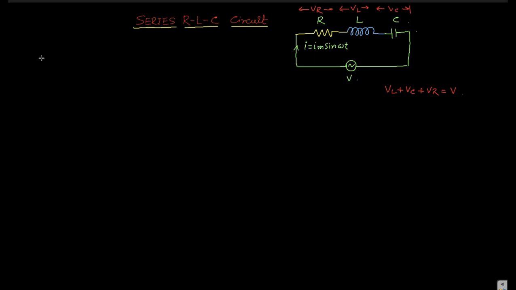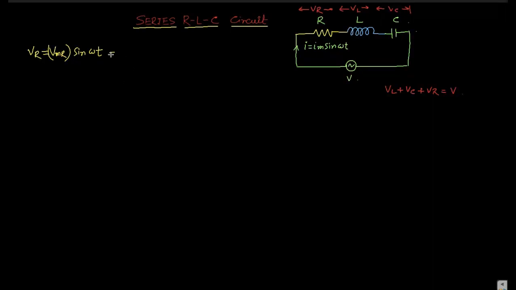What is VR? VR is nothing but Vm for R sin omega t, because at a resistance the voltage and current will be in the same phase.